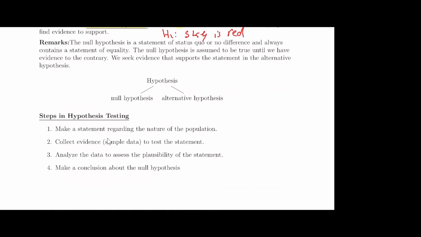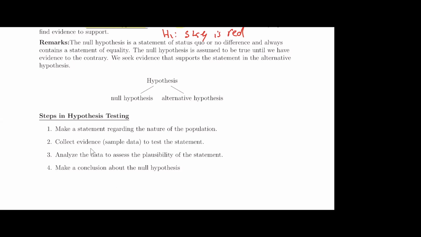All right. So this is essentially how we're going to be doing chapter 8. This is pretty much the steps we're going to follow when doing hypothesis testing. Part number 1: we make a statement regarding the nature of the population. We're just coming up with a hypothesis, a null hypothesis and the alternate hypothesis. Step number 2 is to collect evidence, sample data, to test the statement.